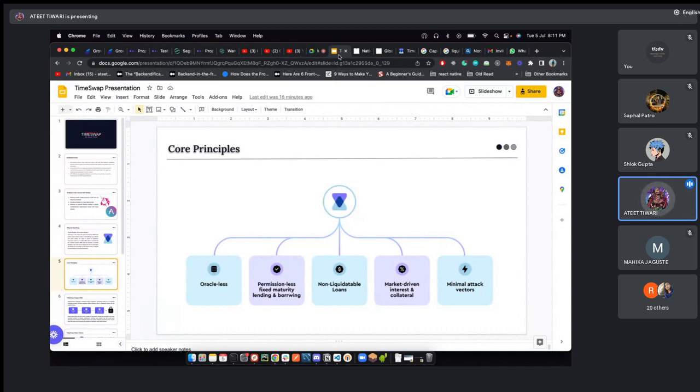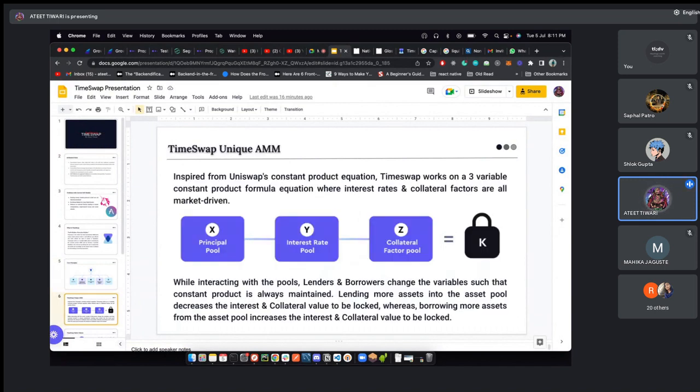Fifth, as it is oracle-less, it has minimal attack factor. TimeSwap is using this AMM factor where principal, interest, and collateral are in the AMM model.